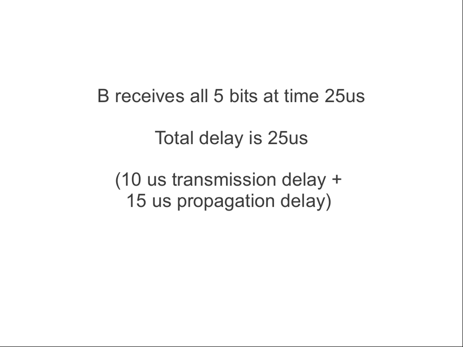The mathematics is simple. You just need to know the concepts of the 4 components of delay and how to calculate transmission and propagation delay. Then you can add them all up to get your final answer, the total delay.